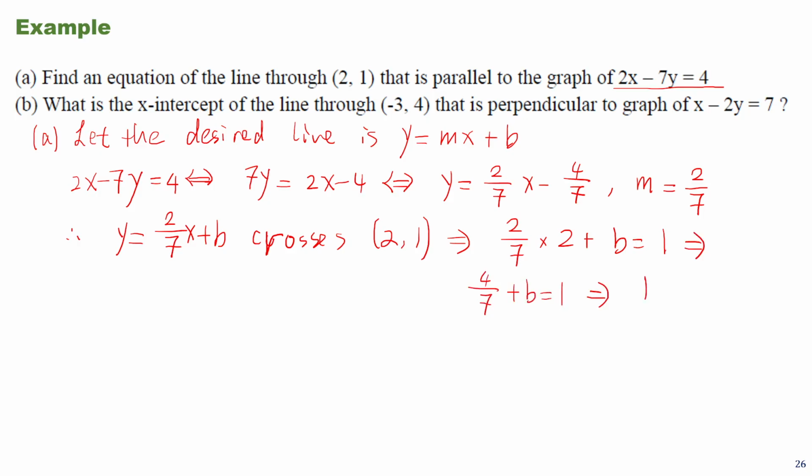So this means b equals 3/7. Therefore, we know the desired line is y equals 2/7 x plus 3/7, right?